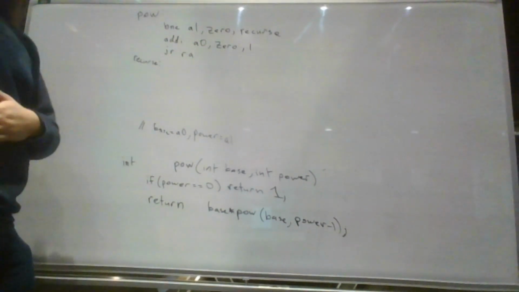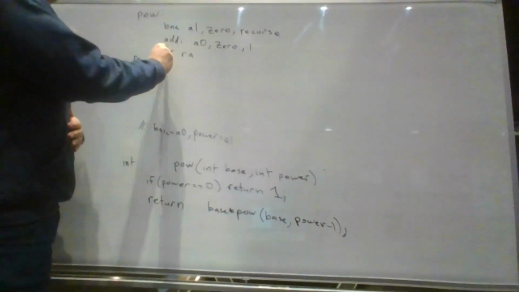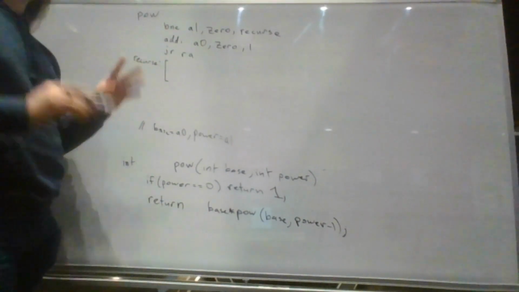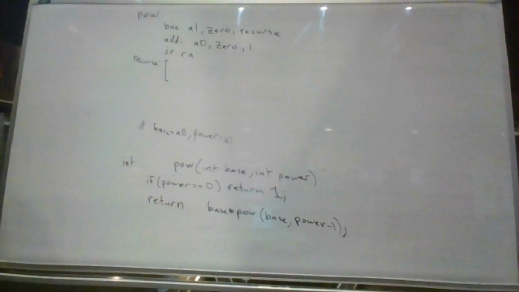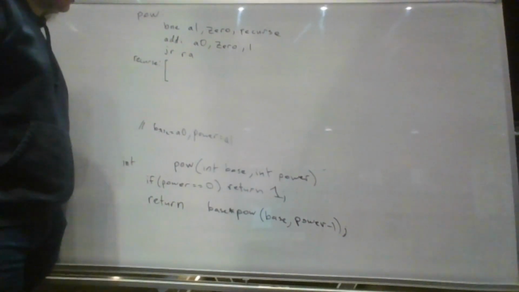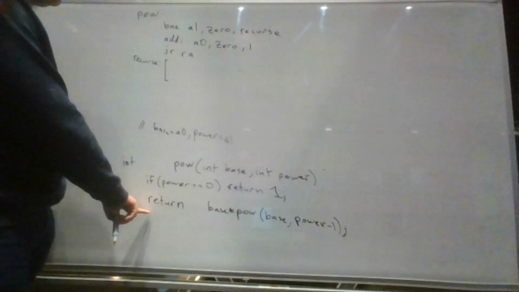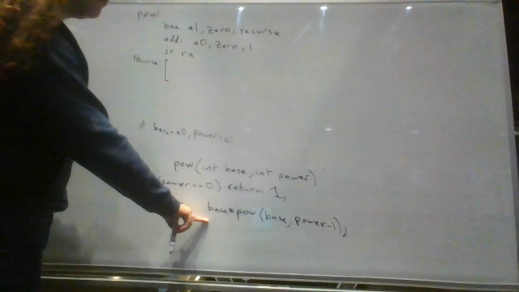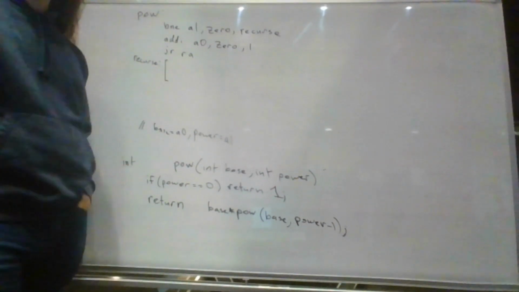Now, if I do a recursive step, I'm going to need to do a few things. I mentioned that I'm not going to add the stack stuff yet, but I'm going to leave a space here for it, because this is where I'd have to end up doing stack stuff. What I would do now is multiply two things: base times the result of the function call.